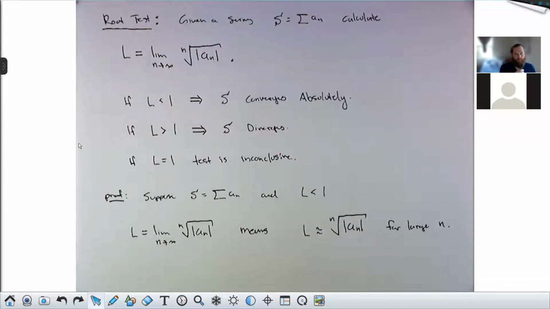Right? And this is something we've talked about before. If you have the limit of some stuff going to 5, that means that stuff gets closer and closer to 5. So for very, very big values of n, that stuff, whatever it is, should be close to 5. So if the limit as n goes to infinity of the nth root of an is L, that means the nth root of an is very close to L for large values of n.